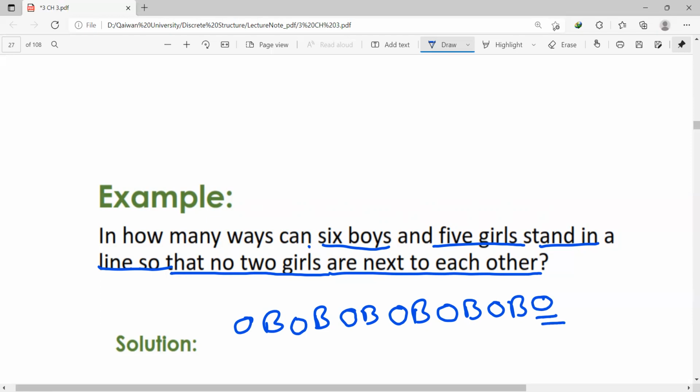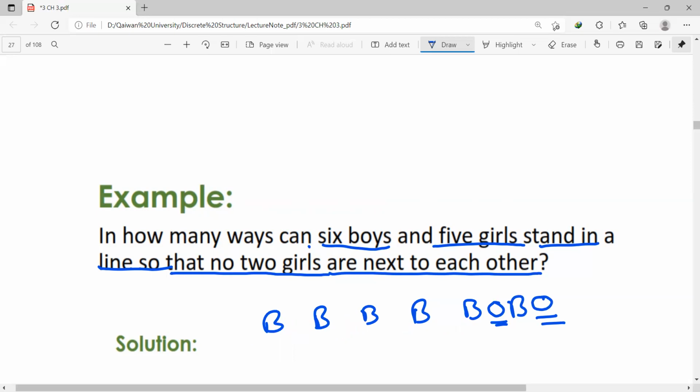How many positions or places do you have for 5 girls? 7: 1, 2, 3, 4, 5, 6, 7. We have 7 places to put 5 girls in.